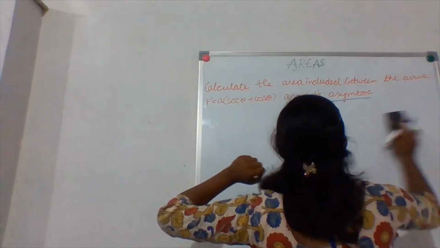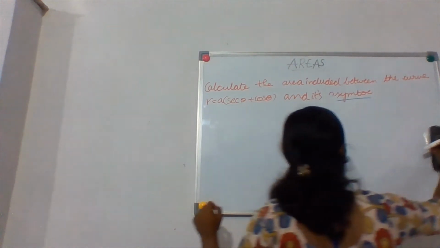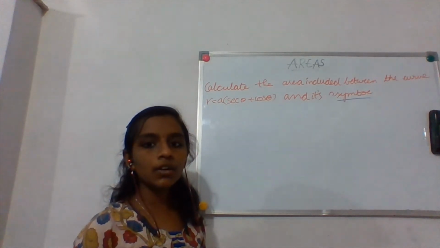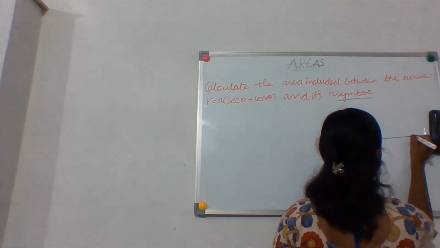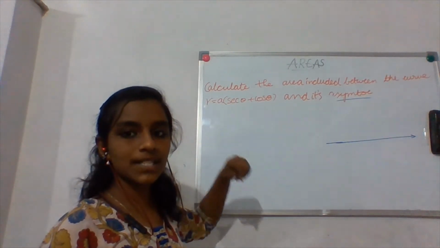So now we have to find the area between the given curve and its asymptote. In polar coordinates, how do you draw the graph? First you have to take an initial line. So this is the initial line, and the curve is r equals a of secant theta plus cos theta.